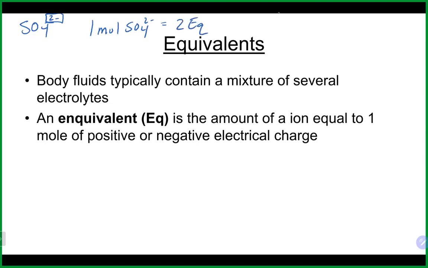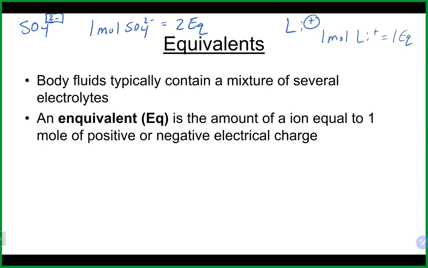If you had something like lithium, it has a +1 charge, and it's the one that's important. You could say in 1 mole of lithium, there is 1 equivalent. So a lot of times we'll use equivalence as a conversion factor to convert between different units of concentration.